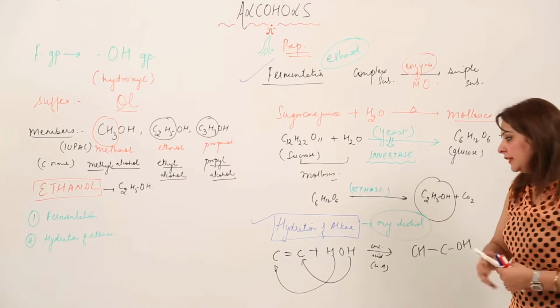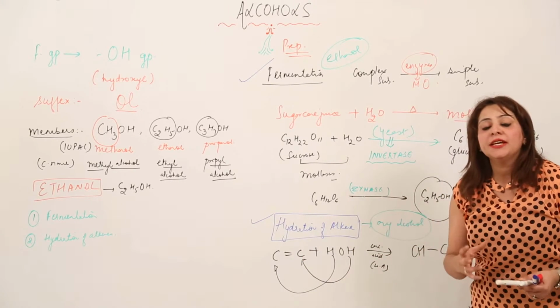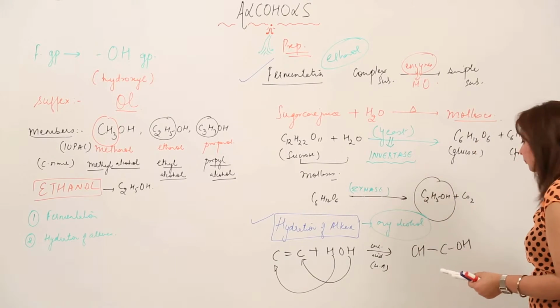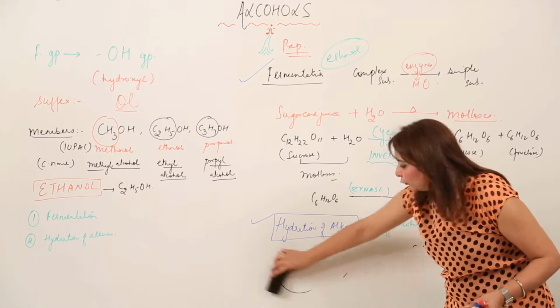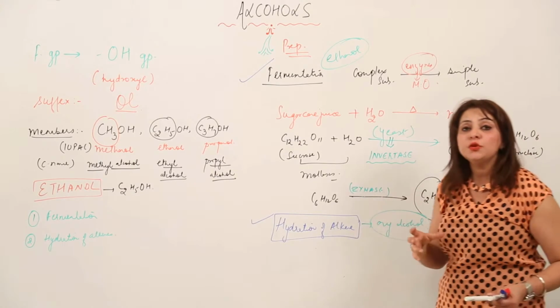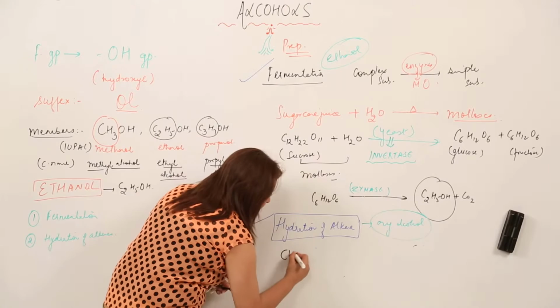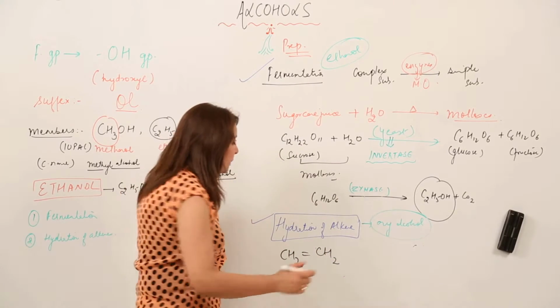Like I took an example just to show you that this contains a double bond. Now I'll be taking the example which will show a proper molecular formula. Suppose I just wish to prepare ethanol, right? So it is clear that I need to take ethene if I want to prepare ethanol. This is ethene, you know.